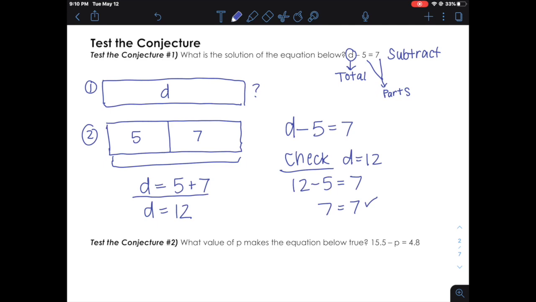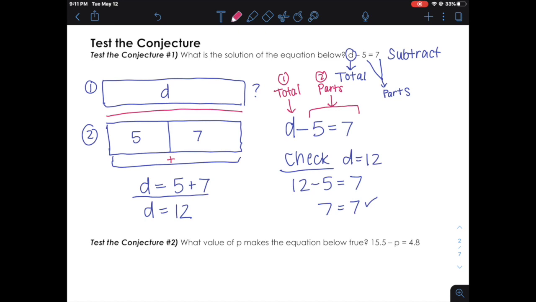Notice that when we did our equation, we started with our total, which was bar model number 1, and then we took the 2 parts, which was model number 2. We added these 2 together because we can see that 5 plus 7, these 2 combined, equal the same length as d.